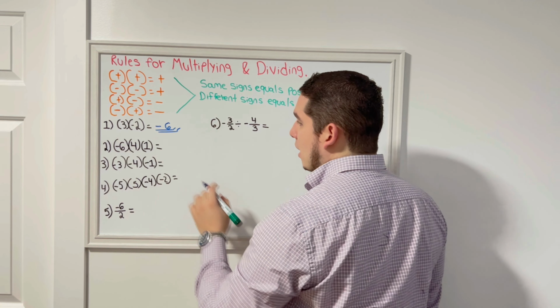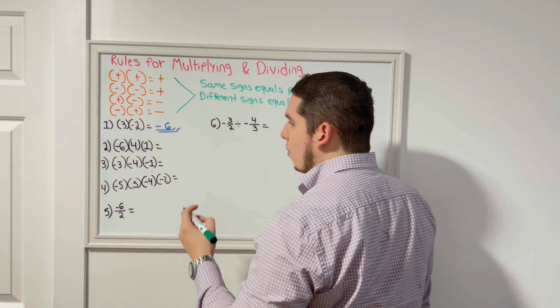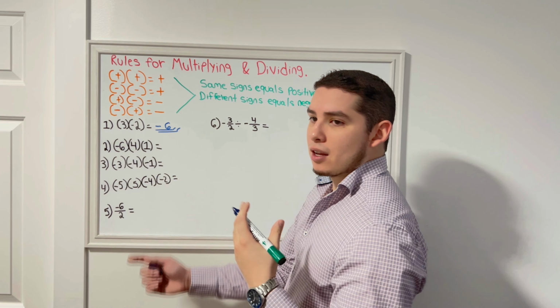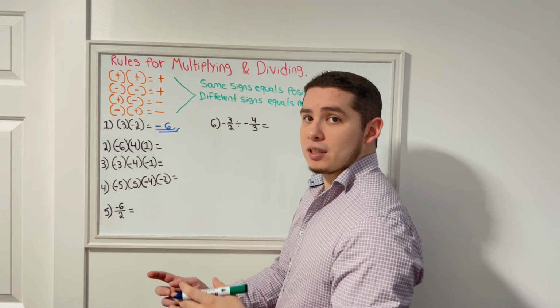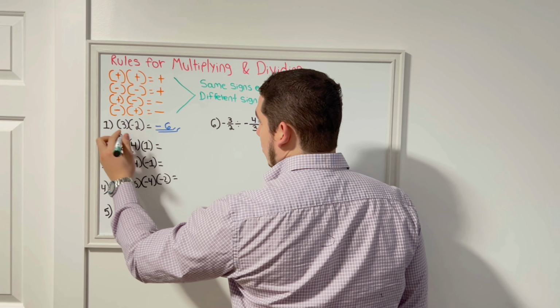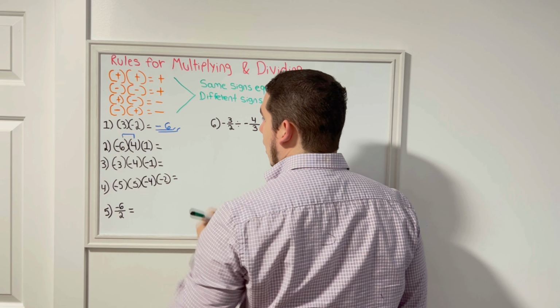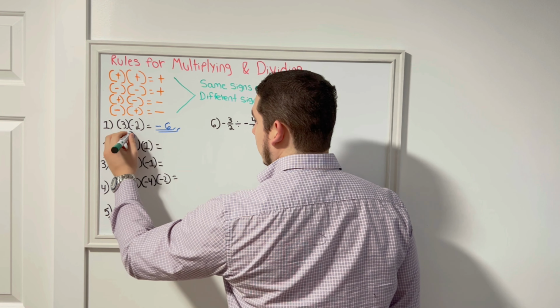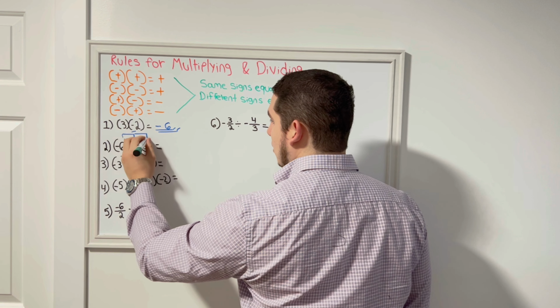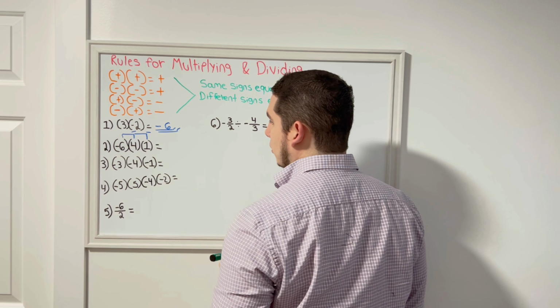Now, you may be asking yourself, how are we going to solve this if we have three different signs? The way to solve this is doing it step by step. For example, a negative times a positive, as we mentioned before, is a negative. Now, a negative times a positive also equals a negative.